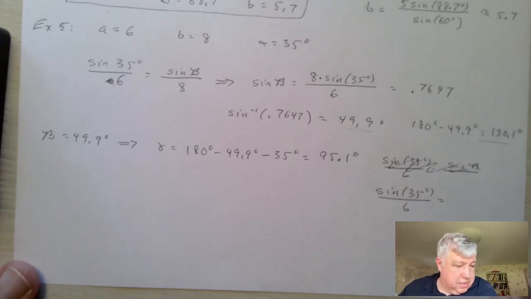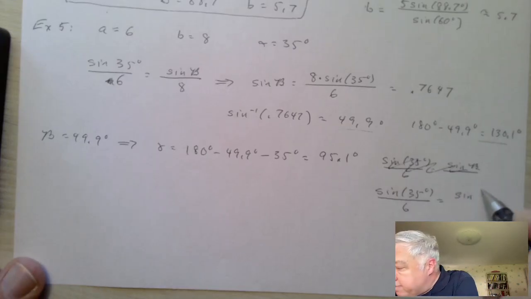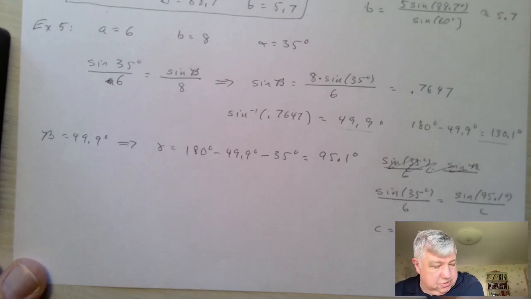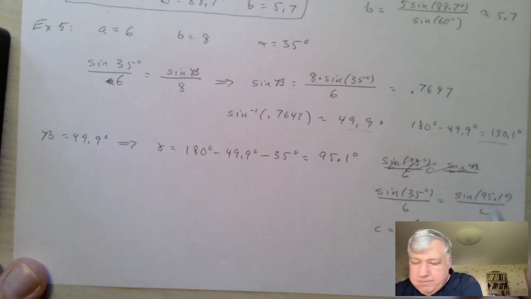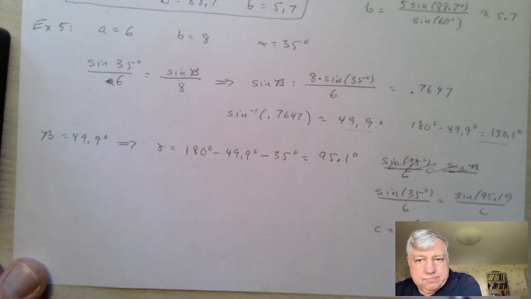So this is sine of 95.1 degrees divided by c, and then c is equal to, we cross multiply and do that stuff, 6 times the sine of 95.1 degrees divided by the sine of 35 degrees, which is 10.4.